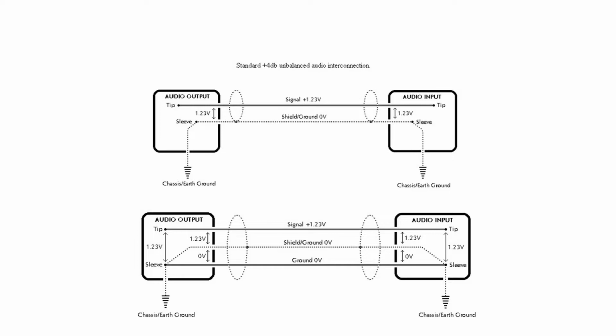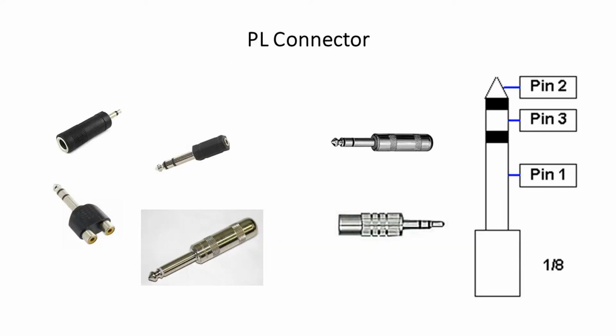So what are the types of connectors that use this kind of connection? We have the PL connector, or sometimes called the jack. We have two types, the standard PL and the mini PL.